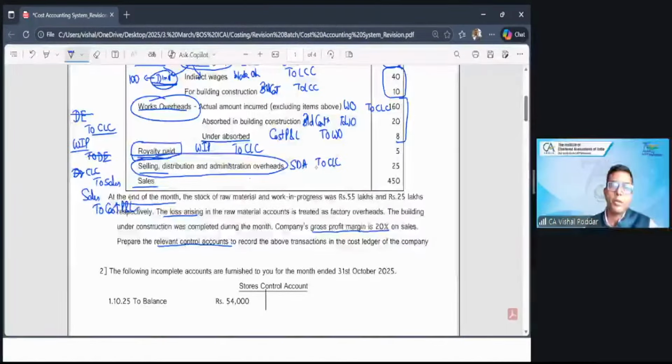So the entries will be first for the occurrence of sales, and then for transferring the sales to the P&L account. Again, in this we knock off sales, because we are not opening a separate sales account. So your direct entry will be CLC, which represents debtors, to cost P&L.